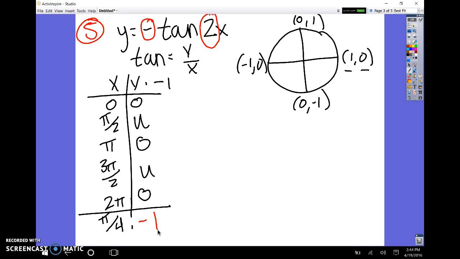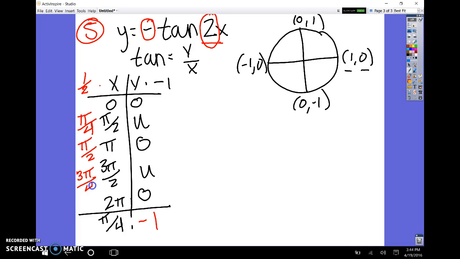Now we want to do this horizontal shrink of 1/2. We basically want to take our horizontal axis, or our x, and multiply everything by 1/2, or divide by 2, whatever you want to look at it as. So this becomes pi over 4. This becomes pi over 2. This becomes 3 pi over 4, right?